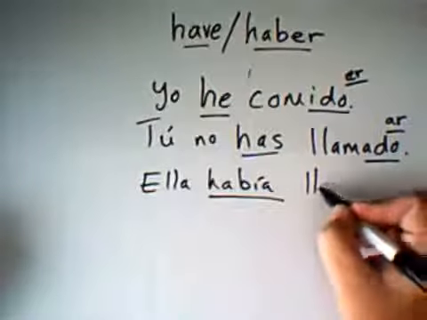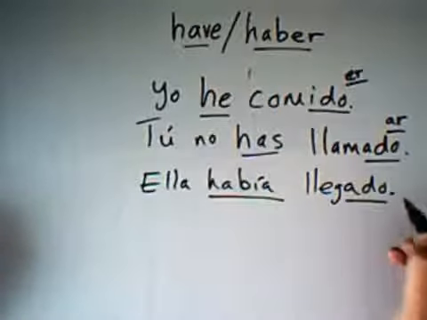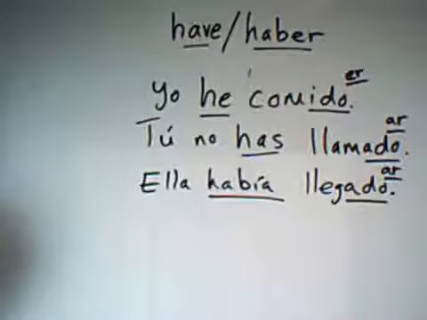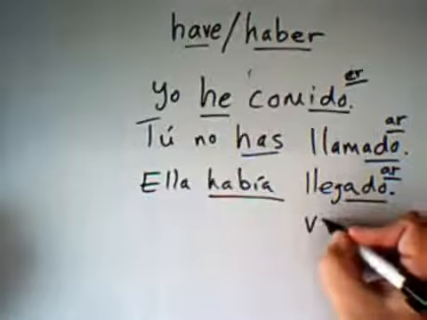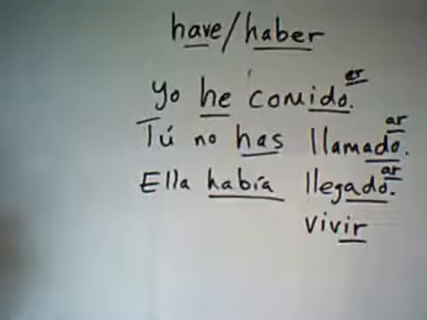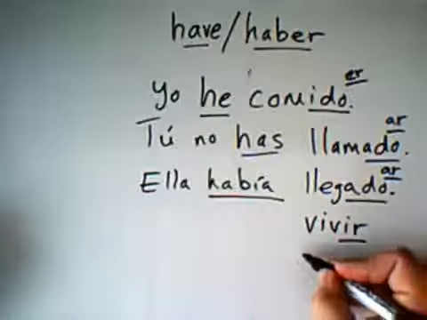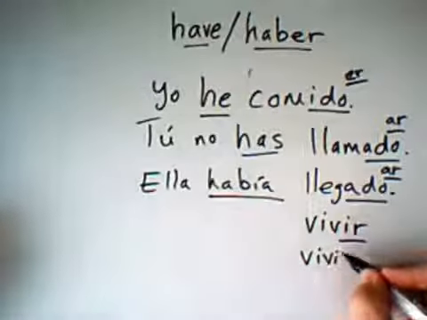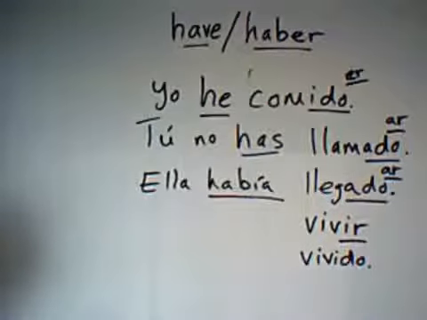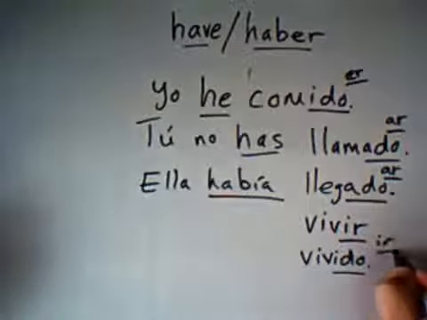And then llegar, ella había llegado, another AR verb, llegado, okay? For the ER verb comer and for an IR verb like vivir, the past participle would be vivido, okay? Like he has lived, él ha vivido, for an example with an IR verb.